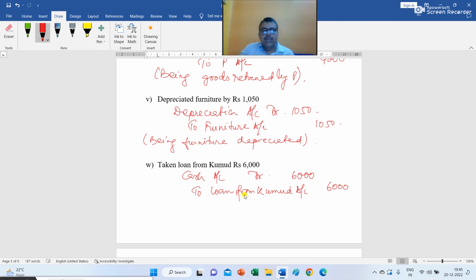So basically loan is the main account, and from Kumud, for understanding, we write loan from Kumud account. So when you are taking a loan from somebody, the journal entry is cash account debit to loan. Loan is a liability. So your narration is being loan taken from Kumud.